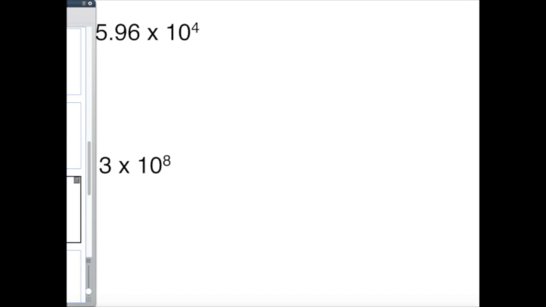So now we also have to be able to go the other direction. And so we have right here, I'm going to bring this down because it's a little bit hard to fit everything in. So right now we have a number that is between 1 and 10, and we have the product of the number between 1 and 10 and its power of 10.